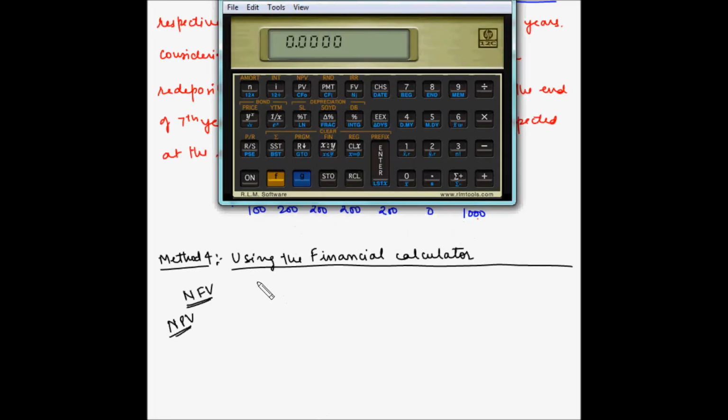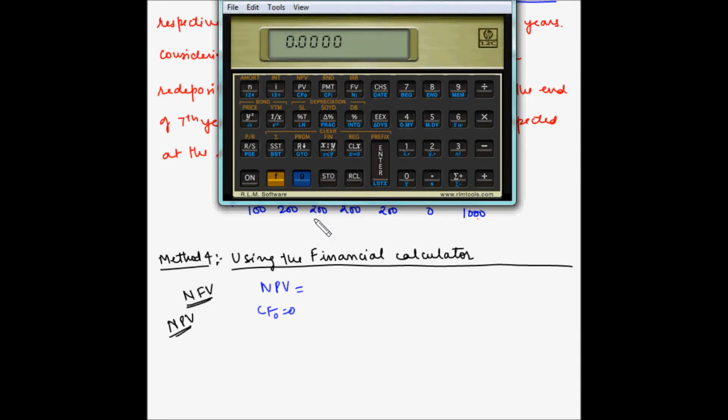Now first, in order to find out the net present value of this uneven cash flow, we need to enter the individual cash flows in chronological order into the cash flow register. So in our case, we have CF0, which is equal to 0, and then we'll continue with the cash flow as CFJ.